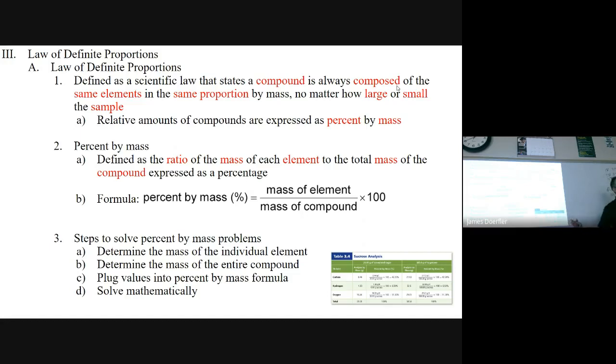Mathematically, we take the mass of a specific element, divide it by the total mass of the compound, and multiply by 100. It's identical to determining a test grade. You take how many you got right, divide it by how many possible points you could have got, and multiply by 100. That gives you your percentage.